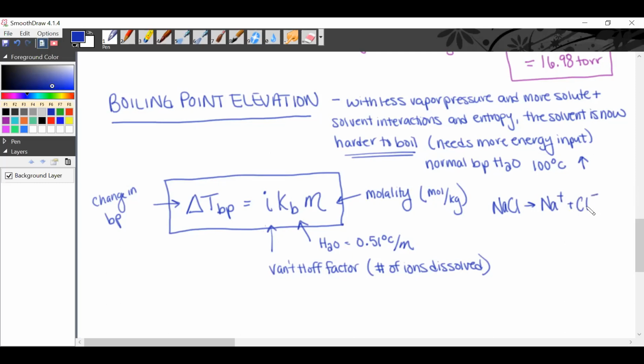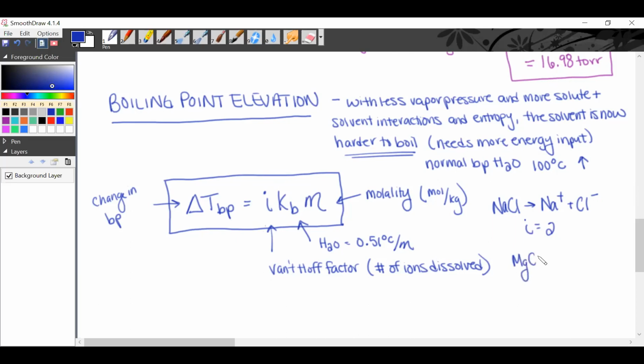So if I calculated a molality of 2 molal, it is not taking into account the fact that I'm actually going to get 4. I'm going to get 2 times 2 dissolved particles because for every one of these that dissolves, I'm going to get 2 ions. So this Van't Hoff factor accounts for that. So the i for NaCl would be equal to 2, right? Because for every one of these, I get 2 dissolved ions.